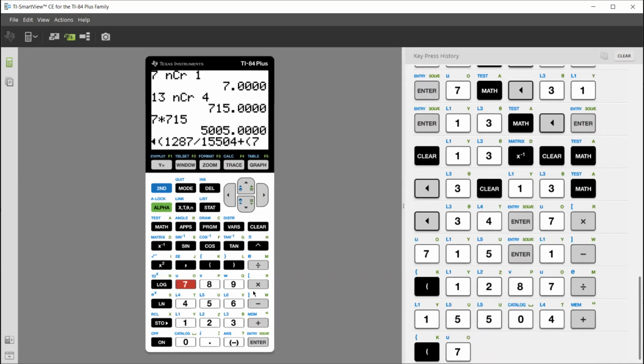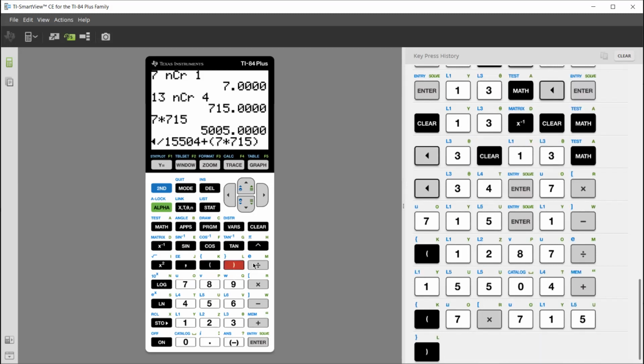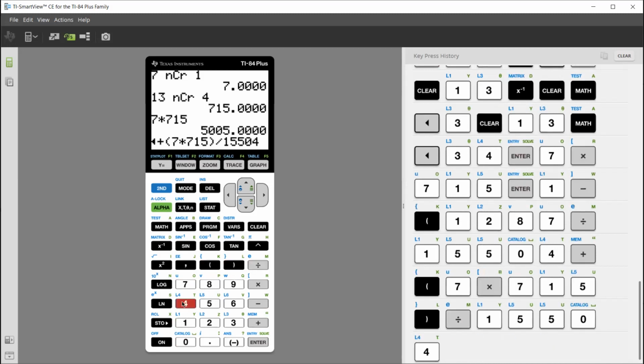7 times 715 over 15,504 is equal to 0.5942.